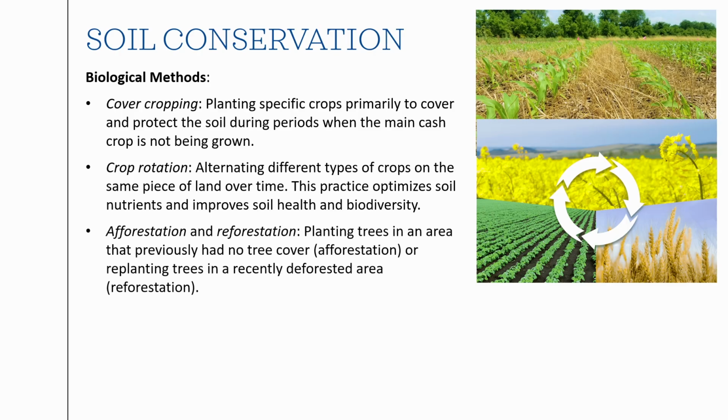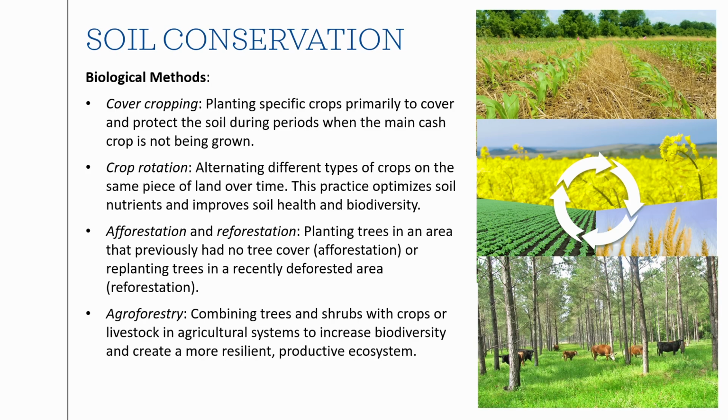We can also use afforestation or reforestation, basically planting more trees in areas because trees protect the soil. So that is helpful. And related to that is agroforestry, where we're learning that our fields can also have trees. It helps to protect the soil, and you can see the cows here.